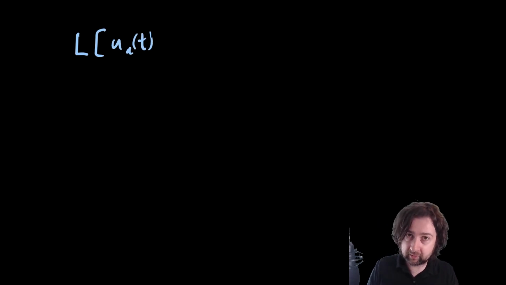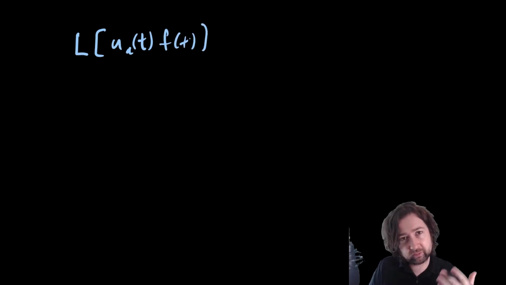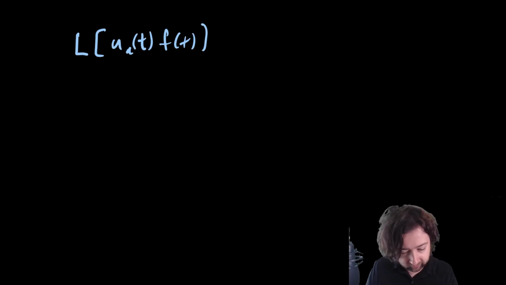There's another formula that gets used here, which is convenient. If you're computing a Laplace transform and you don't want to have to rewrite f so that f has a shift in it as well as the unit step function, there's a way of just doing it directly. So if you had the Laplace transform of a unit step function that turns on at t equals a, but then it's just multiplied by an f of t, so f doesn't have that shift built in, then you can compute that by writing down e to the minus as, just like typical, right?